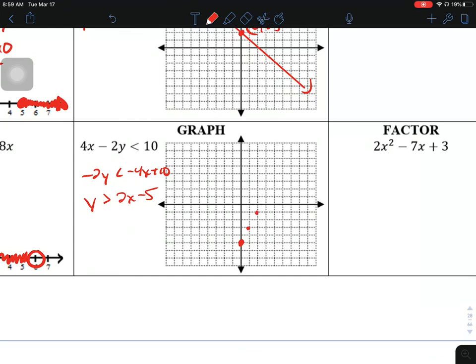You got to be careful with this one because it says y is greater than. That means we have to use a dashed boundary. And it's y is greater than, which is above. There's no equal to, that's why it's dashed. Greater than is shading above.